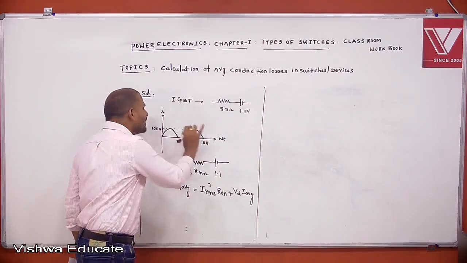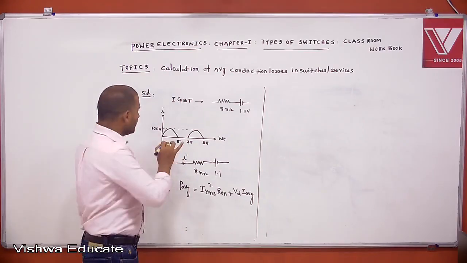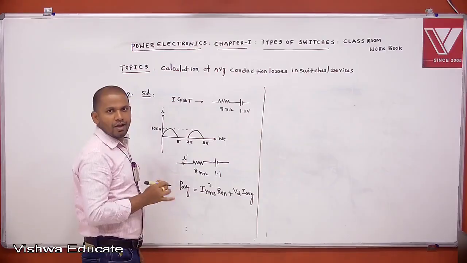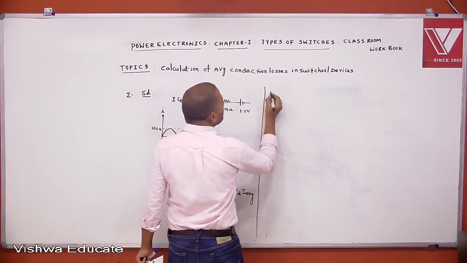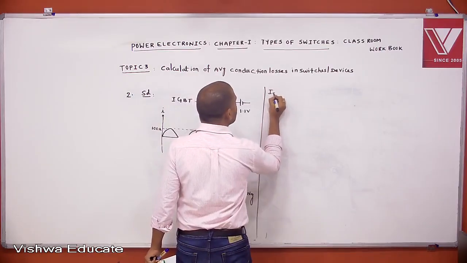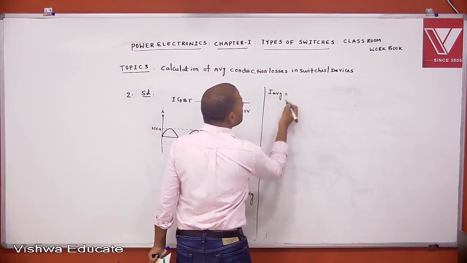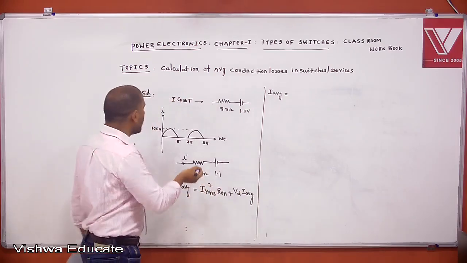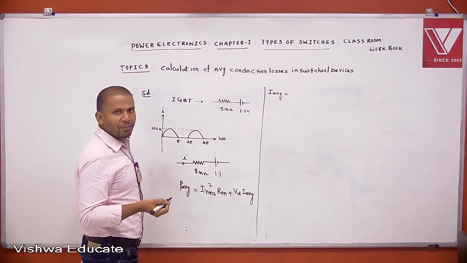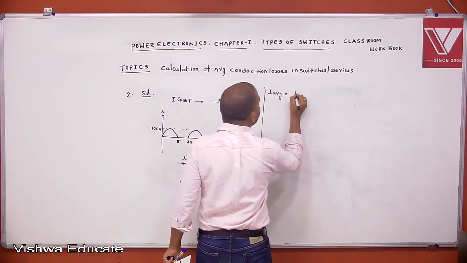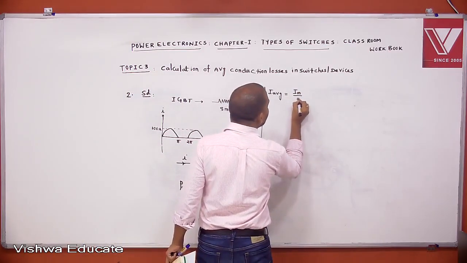It is a half wave rectifier output, so sinusoidal in nature. For a half wave rectifier output, tell me what is the average current? For a half wave rectifier output waveform, average voltage is Vm by pi. Just like that I write Im by pi.